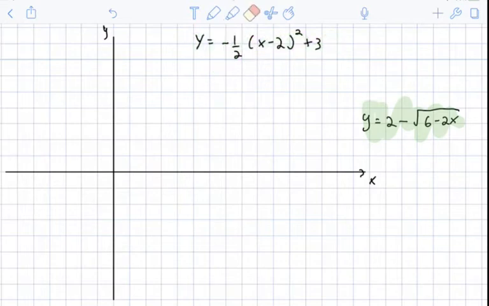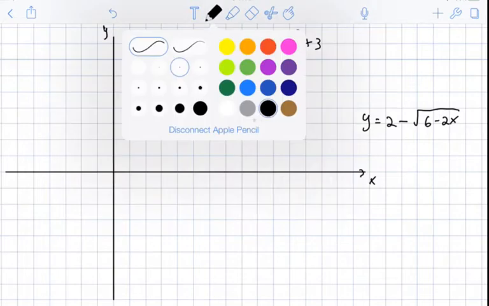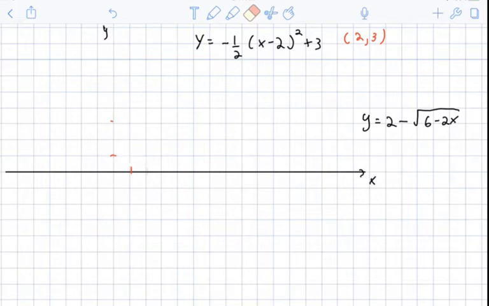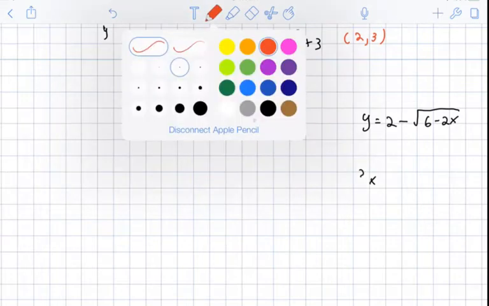Well, this one has a vertex at 2 and 3. So 1, 2, 1, 2, 3. Right there's the vertex. You know what, maybe I'll blow this up a little bit more. Alright, start a new one.